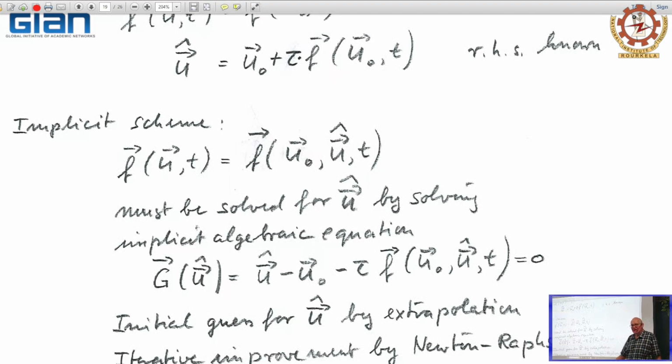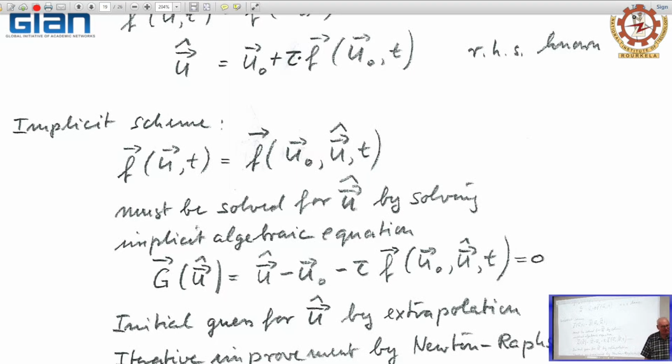You need an initial guess for the iteration, or for looking for the zeros of this equation, which can be obtained by extrapolation of the solution, but otherwise we have to solve it iteratively, for instance, by a Newton-Raphson method. So it's much more complicated than an explicit scheme, because this requires an iterative solution of an implicit equation for the vector u hat at the new time step.